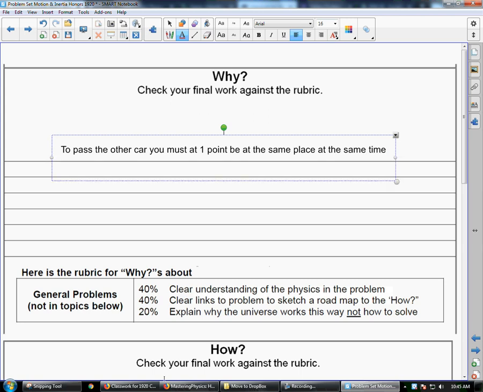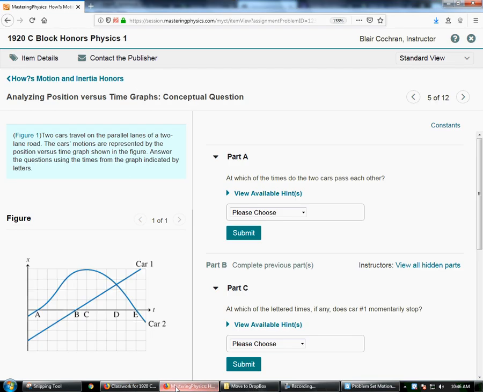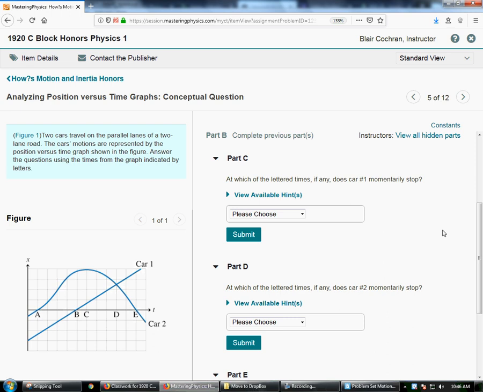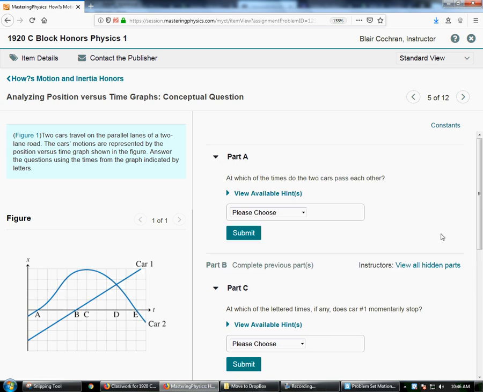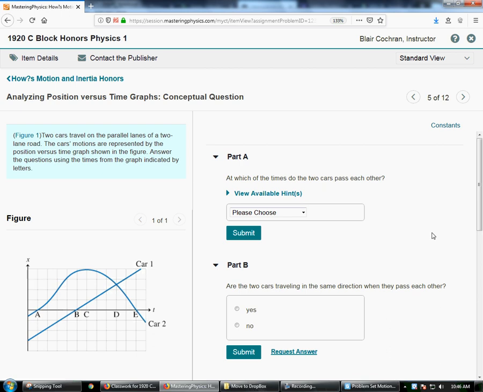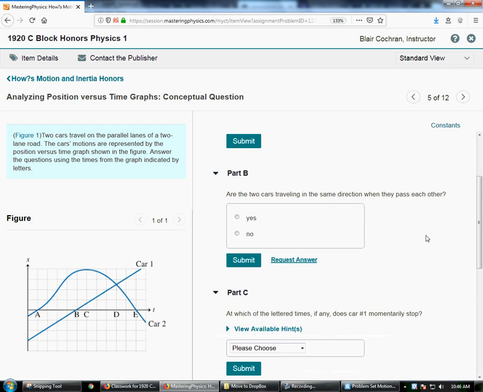Alright, let's see what else. And then that's part A. And then how can we tell the direction from a position time graph? How can we tell the direction the cars are traveling?